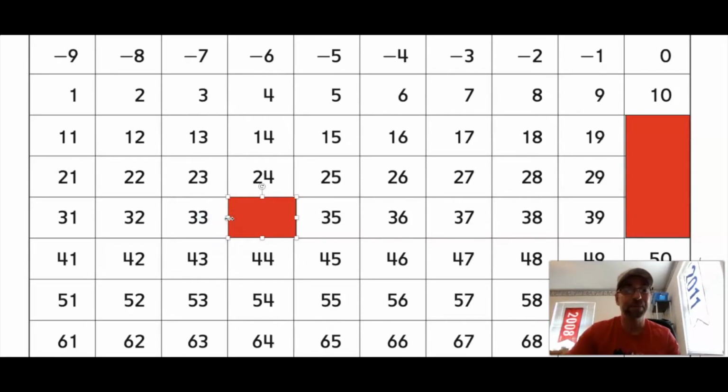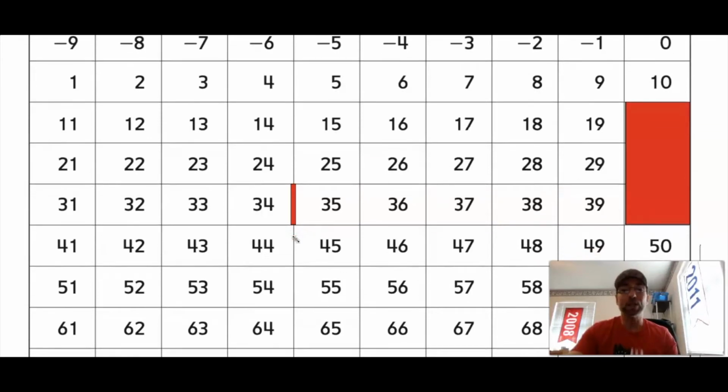Awesome job. And the last one that is hidden, what number would be there? 31, 32, 33. Did you say 34? Awesome job. When we go across a number grid, we count by ones.